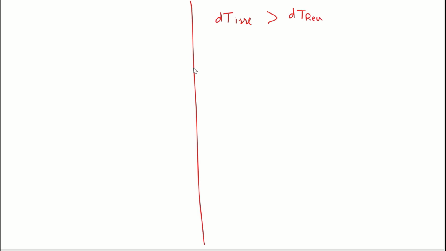Now dT irreversible is the final temperature achieved during the irreversible process, T2 dash, minus the same initial temperature T1 for both processes. This is greater than T2, the final temperature obtained during reversible expansion, minus the initial temperature. So T1 will cancel on both sides, and this result leads to the conclusion that T2 dash is greater than T2.